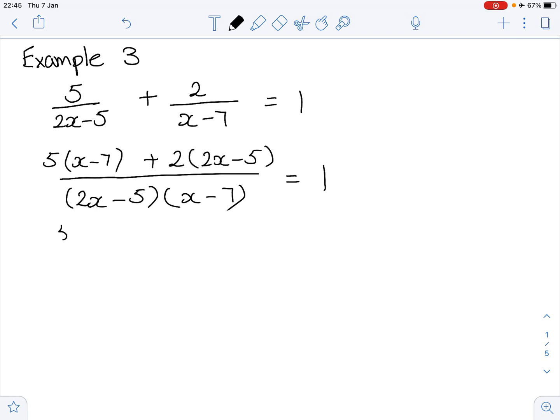Let's expand our brackets. So we have 5 times x is 5x, 5 times minus 7 is minus 35, plus 2 times 2x is 4x, 2 times minus 5 is minus 10.